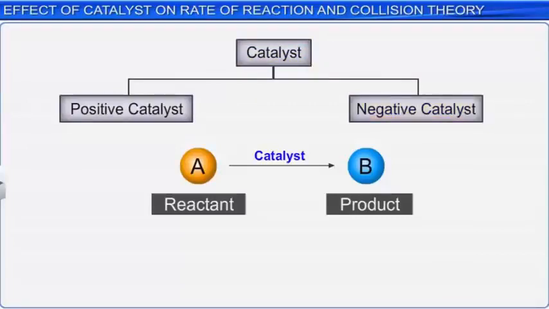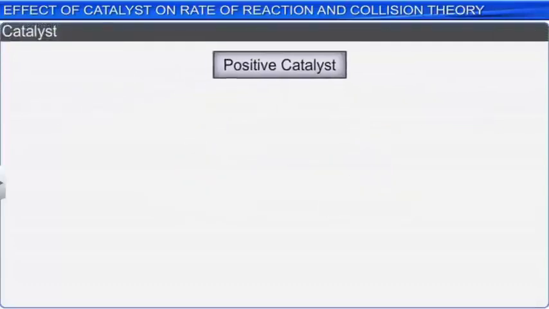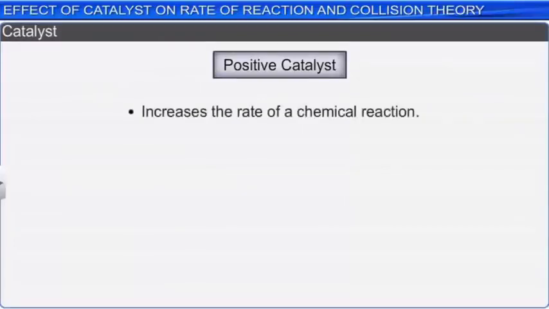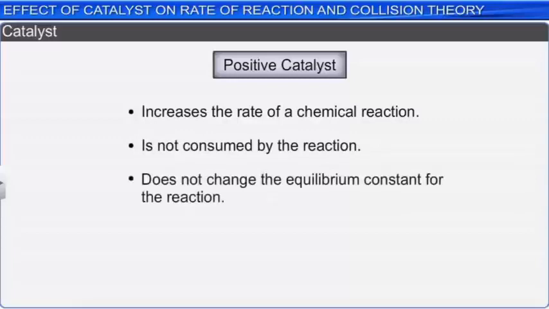Let us now discuss the characteristics of positive catalysts and their effect on the rate of a reaction. A positive catalyst increases the rate of a chemical reaction, is not consumed by the reaction, does not change the equilibrium constant for the reaction.